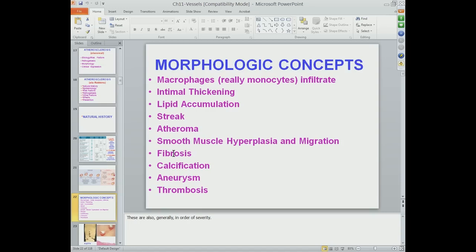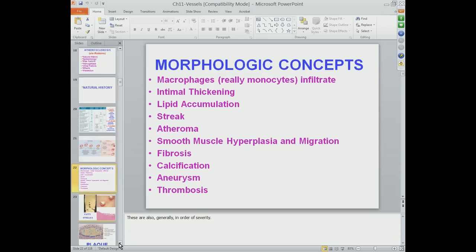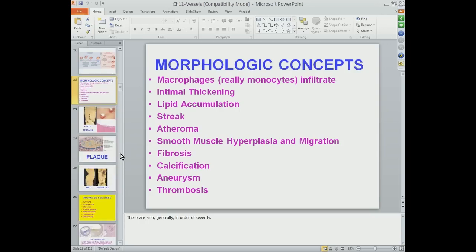You can see secondary fibrosis, you can see calcification. If there's weakening of the wall, you can physically see dilatation of the wall due to the same amount of pressure causing a bulging or ballooning of the lumen. And of course you can see thrombosis. So we've seen plenty of those in labs as well as in chapters.